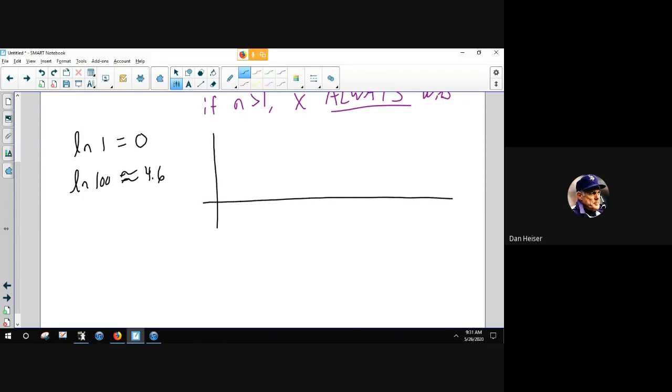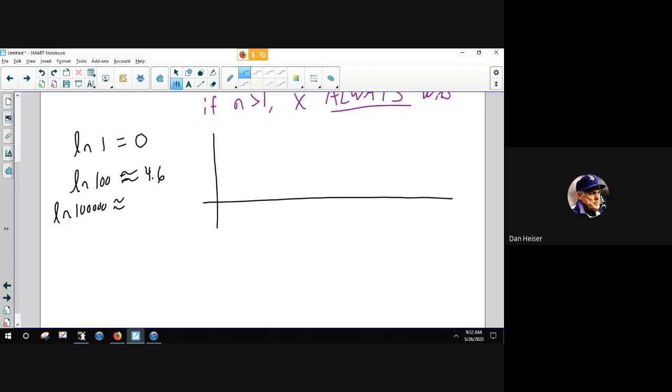So I go 100 spaces over to the right. I've only risen about 4.6. Not very fast. Not very fast at all. I don't want to put a scale on there because I'll mess it up. 100,000.